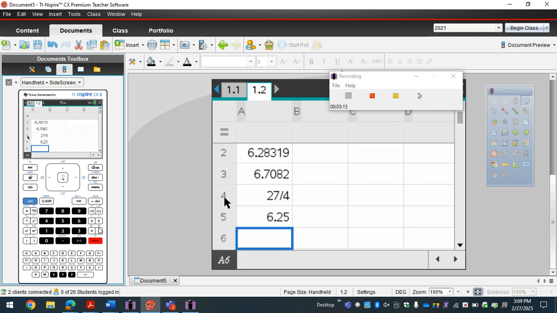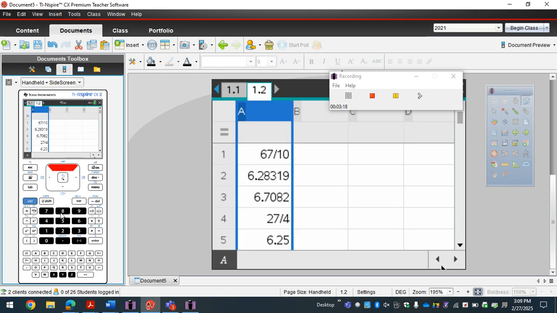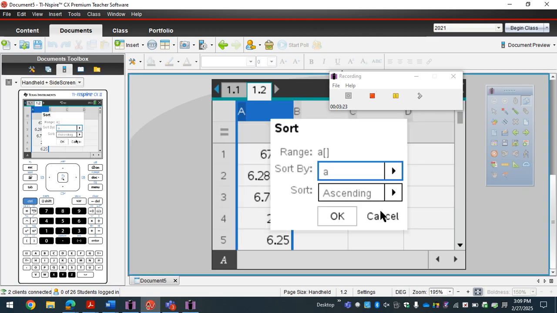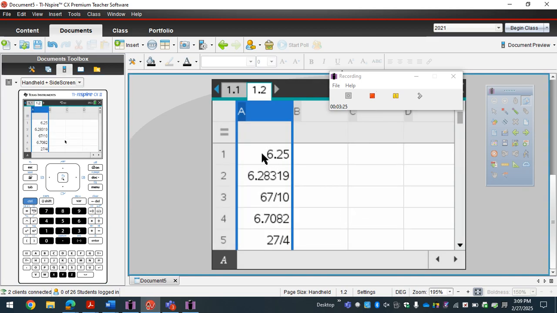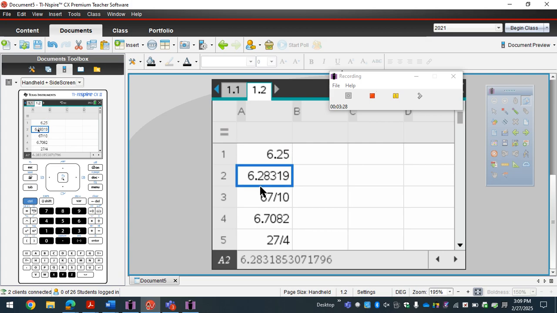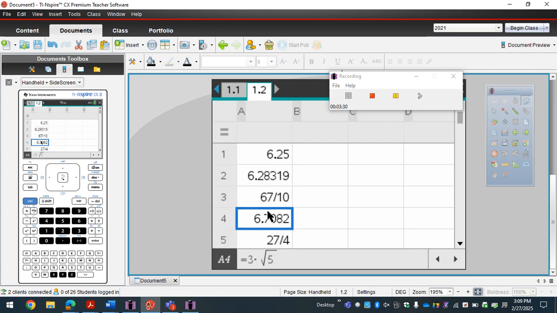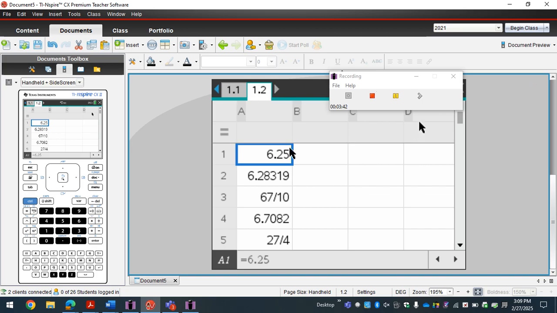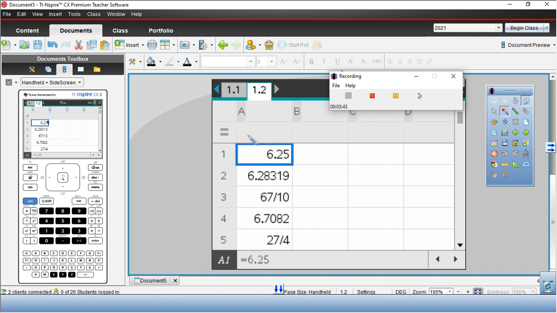6.25. And when it comes to that, we're going to just go all the way up and go to menu, 1, 6, and it was least to greatest. Okay, ascending. So there it is. The least one is that one, and that one, and then that one. That one's the pi, I know that for sure. So 6.25 is going to go first. And then 2 pi.